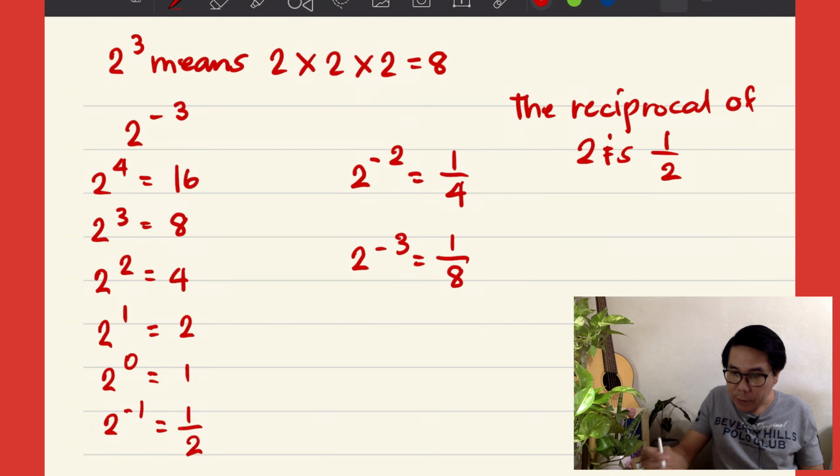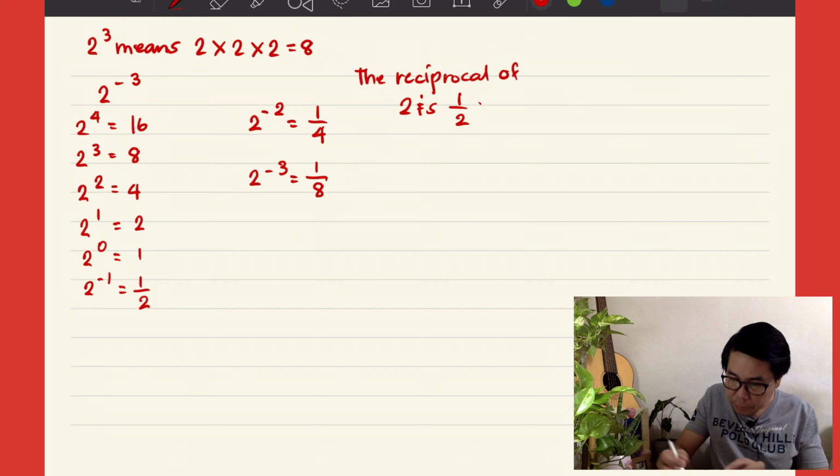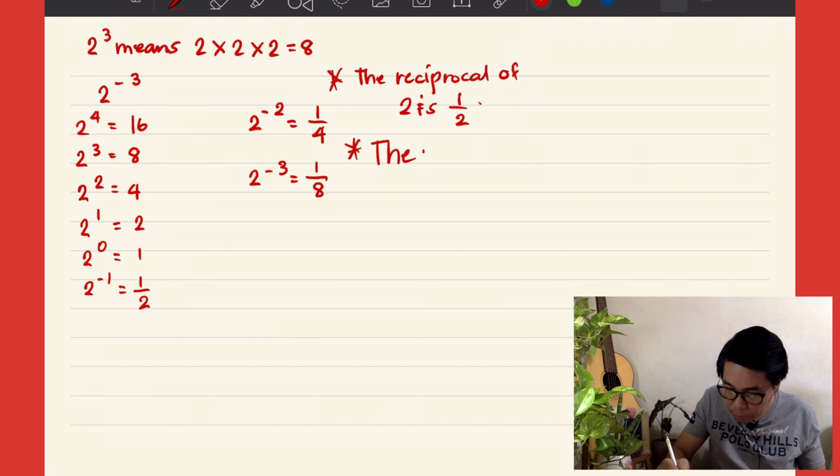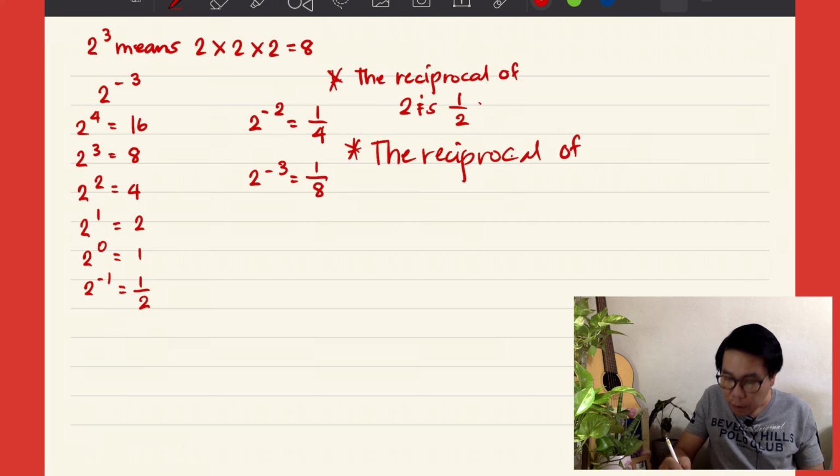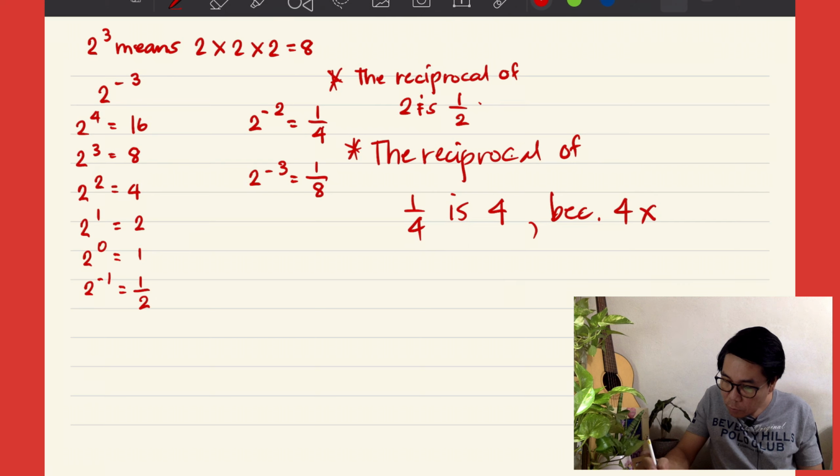Therefore, the reciprocal of 1/4 is 4, because 4 times 1/4 will give us 1.